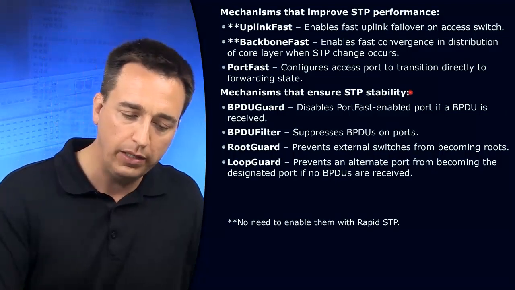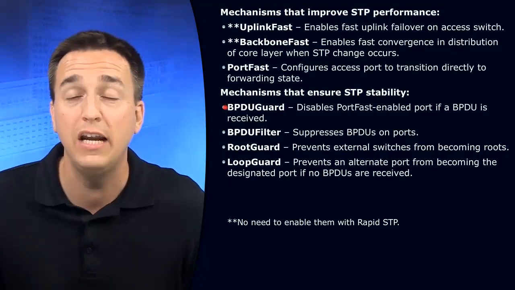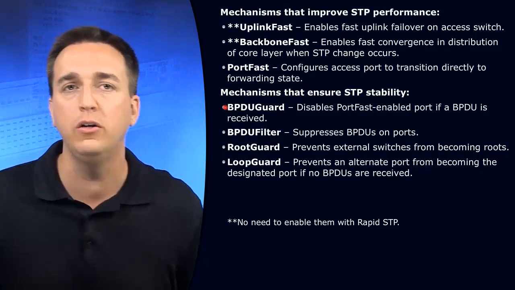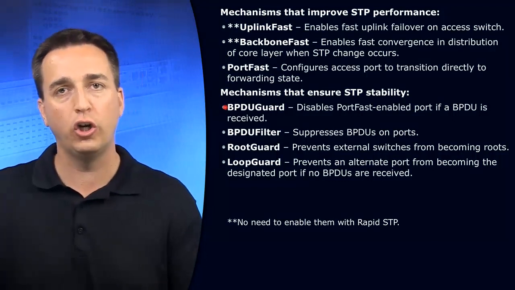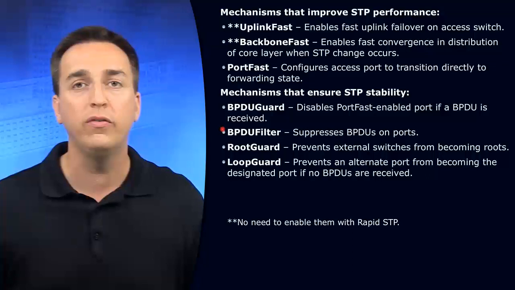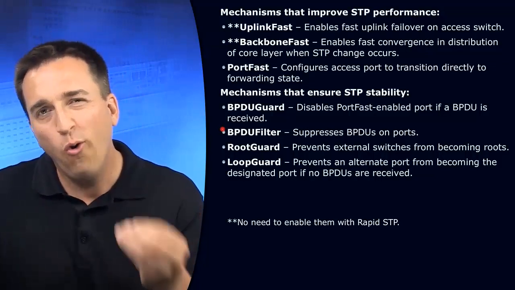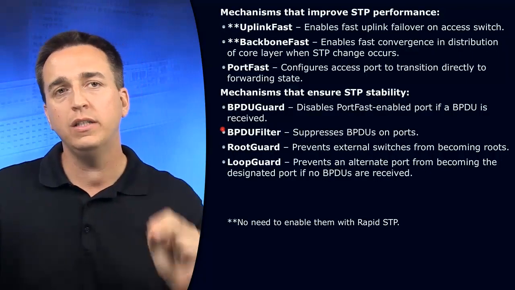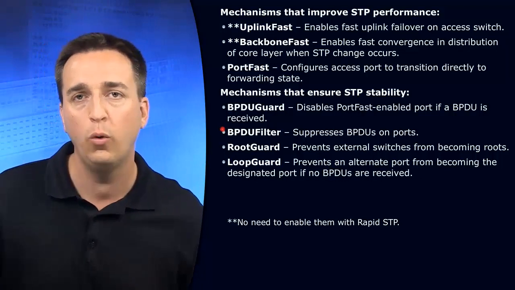When we look at our stability mechanisms, we have bridge protocol data unit guard, which is designed to make sure that if rogue BPDUs are received on an interface, that interface can be disabled, ensuring that a loop-free topology is maintained. We have BPDU filter, which is more or less a security mechanism, because by using BPDU filter, you can suppress the sending of BPDUs out of a port.